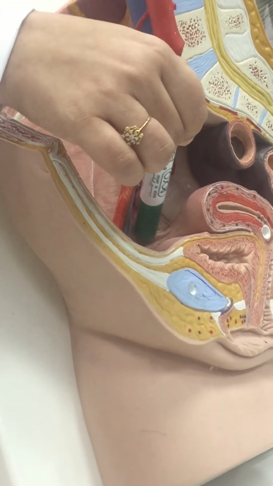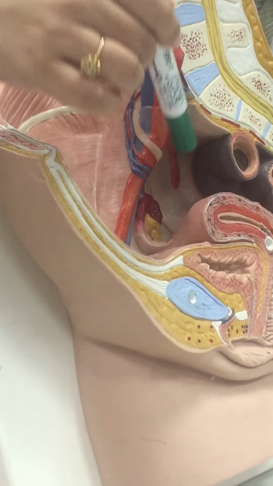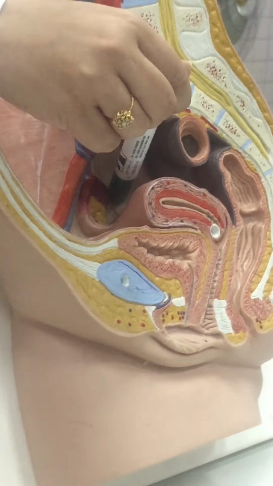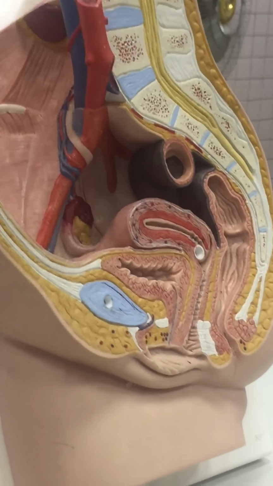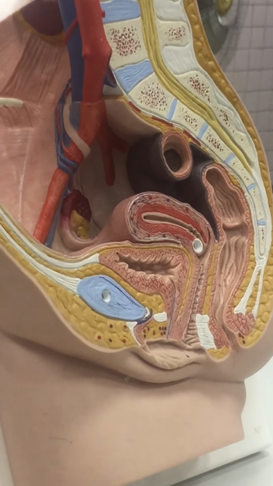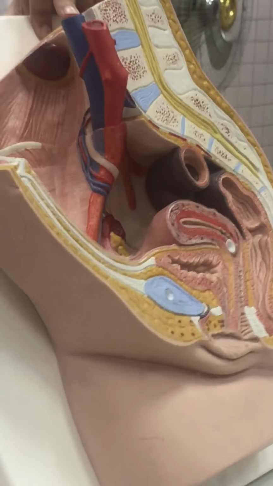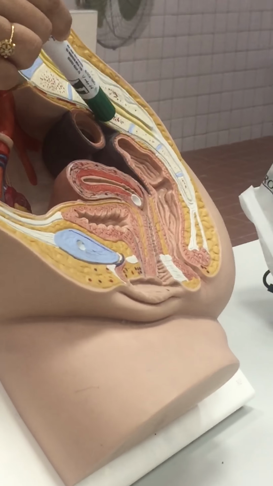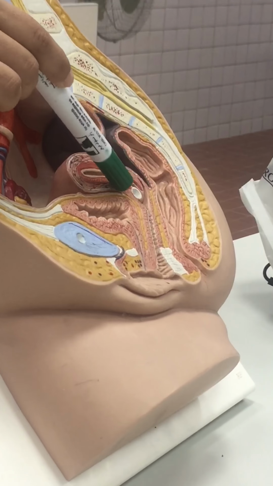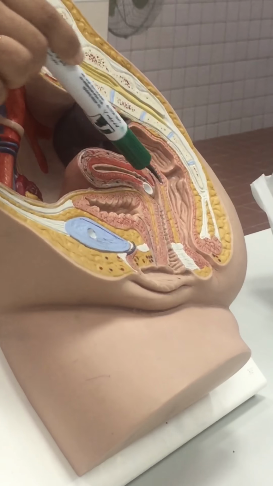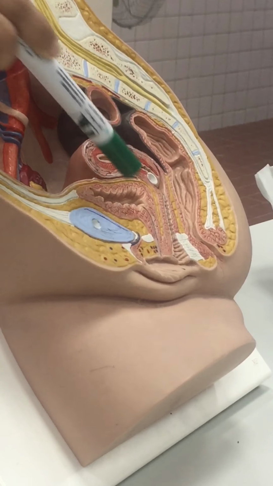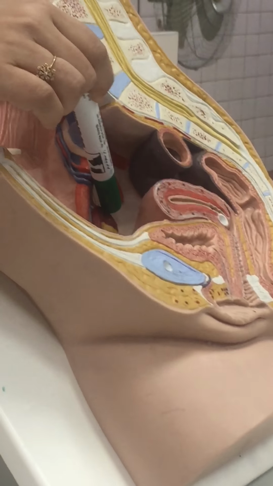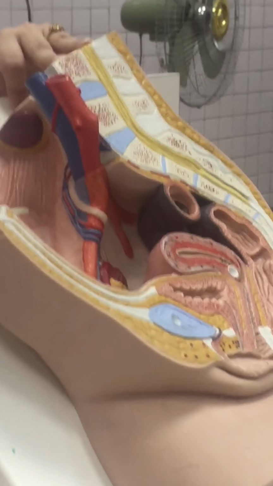Laterally, if you move, there is the fallopian tube, which ends by a dilated finger-like projection called fimbria, and catches the ovary, the yellow colored structure that you see here. Any question here? How many parts do we have now? In this model, you identify sacrum, rectum, anal canal, uterus with its different parts, cervix, body, and urinary bladder with urethra, symphysis pubis, the fallopian tube, the ovary. More than 10.